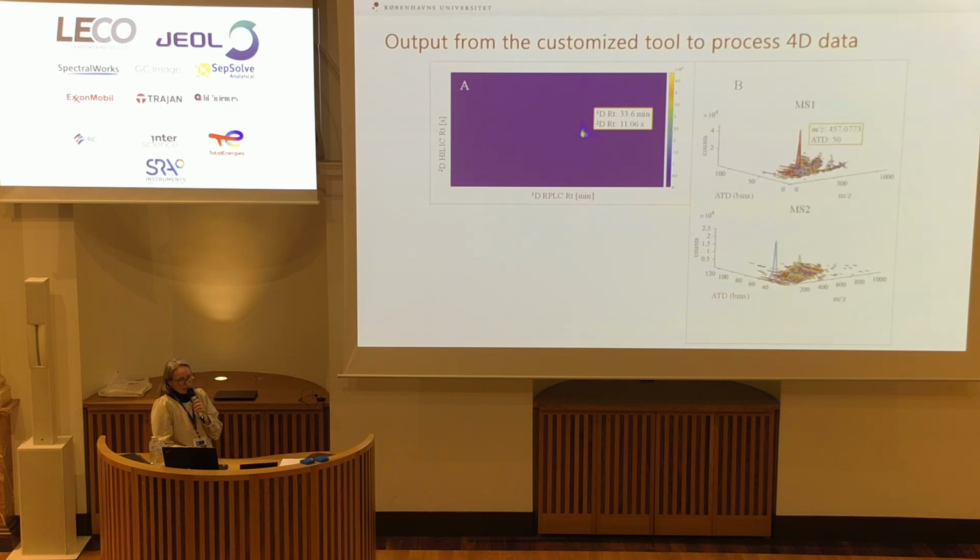You click it and you get the arrival time distributions and the mass spectra for MS1 and MS2, and it's exactly this point. And then you can also choose a specific arrival time here and a specific mass, and then you get the clean spectra out for MS1 and 2. So using this very simple plotting tool, we inspected data.